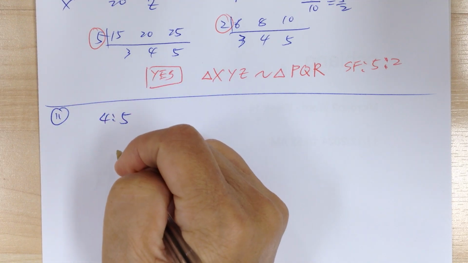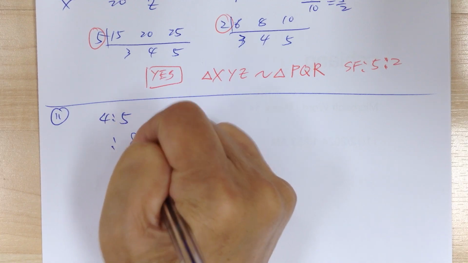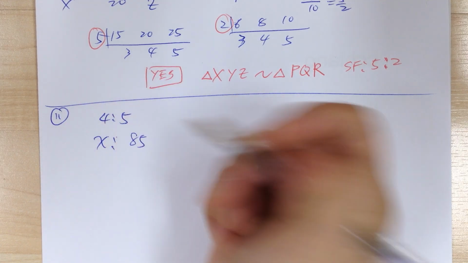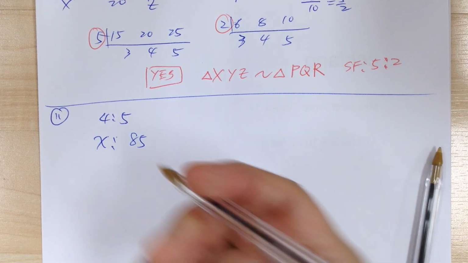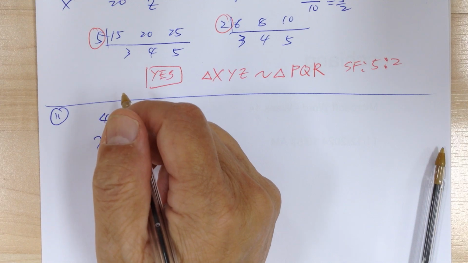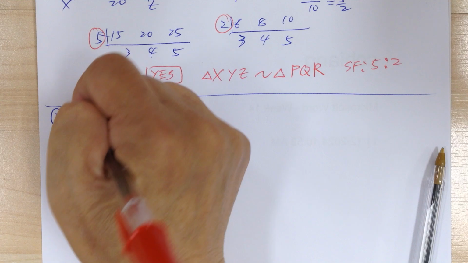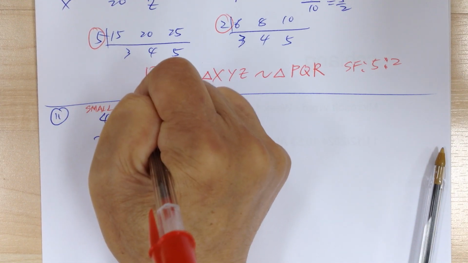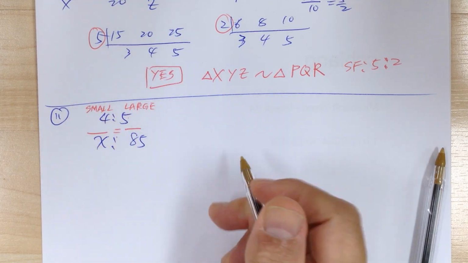The large poster's perimeter is 85, and find the small poster's perimeter. The nice thing about it is, if you line things up, whatever you see, that's your equation. So it's 4 to 5. Make sure you pay attention, right? Two similar posters, so this is small, and this is large. As long as you line things up, whatever you see, that's your equation already.